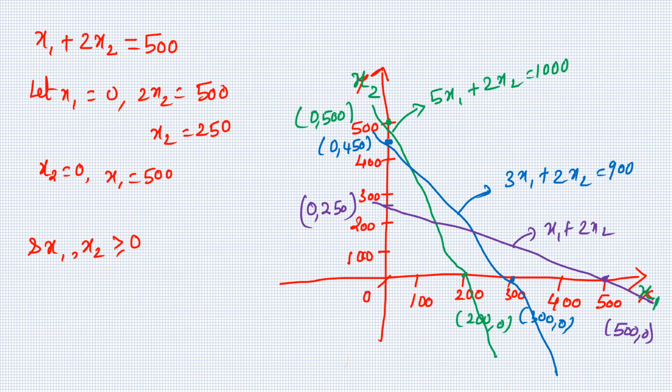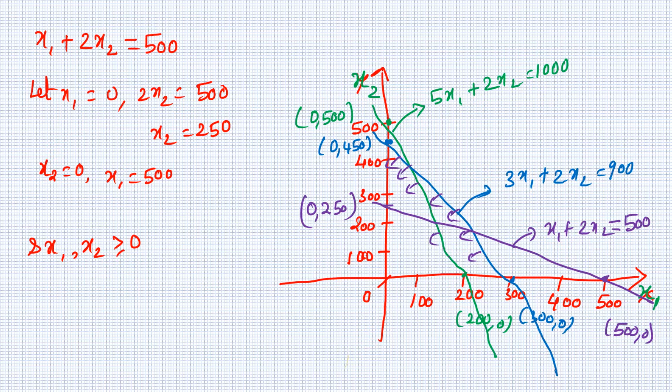Now we have to find the feasible region. In the graphical method, we find the feasible region by the intersection of all these constraints. This constraint is less than, the second constraint is less than, the third constraint is less than. Less than means we have to choose the region below.